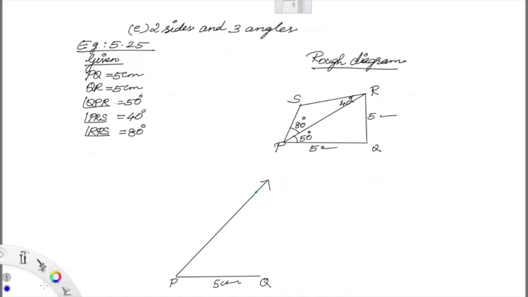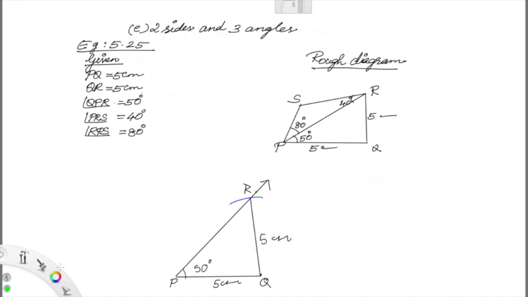Take 5 centimeter in your compass. Yes, keep it at Q. Cut an arc. And now that point of intersection is your R. Join them and write the measurement now.